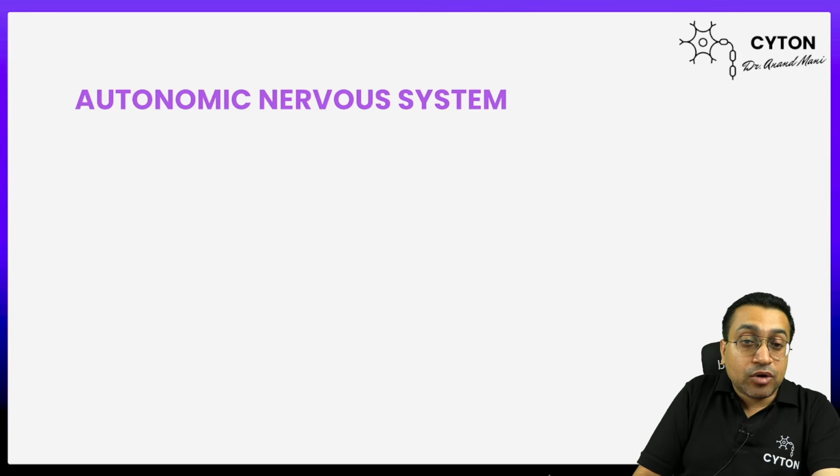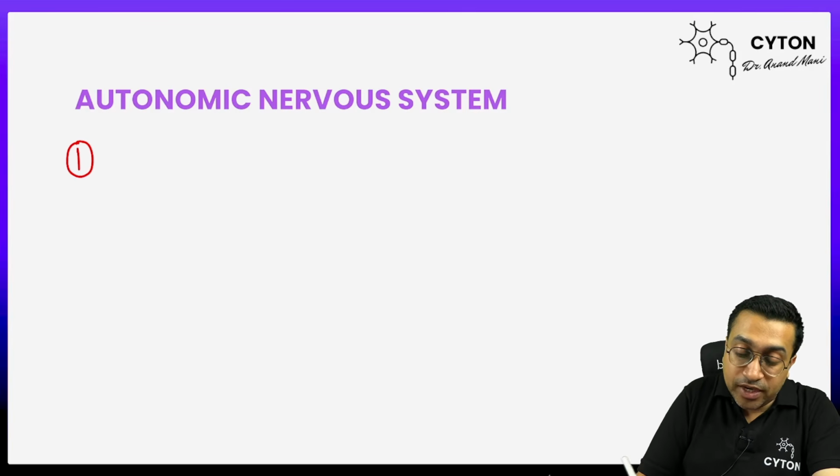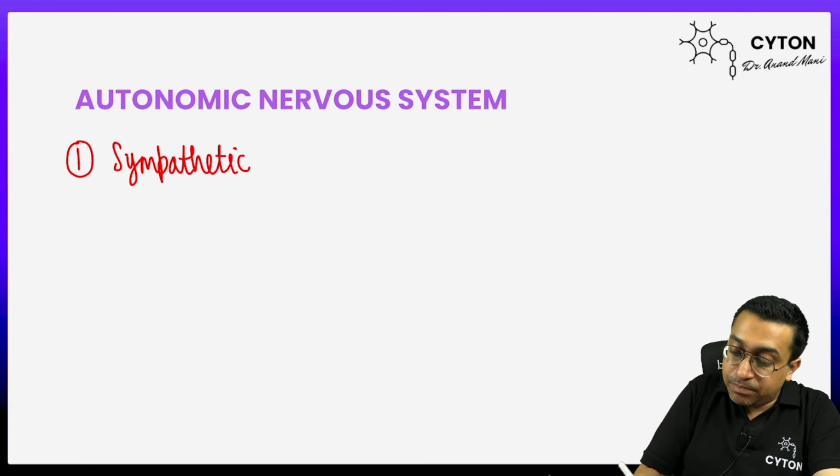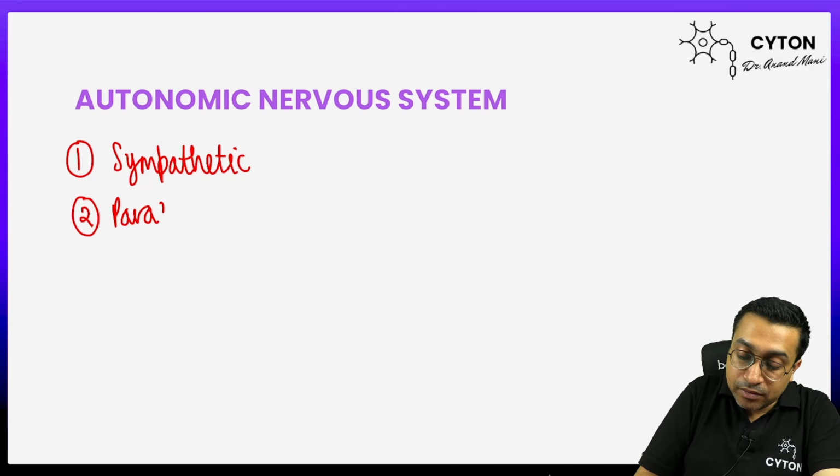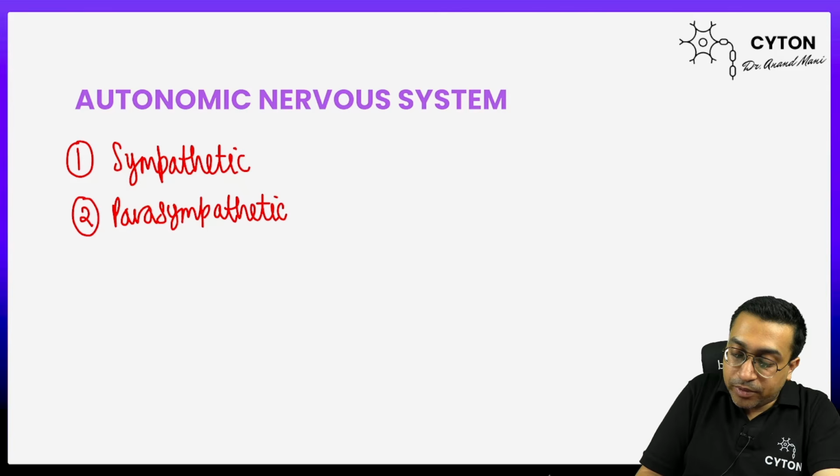Okay. Now there are divisions of the autonomic nervous system, which can be divided into three categories. Number one, sympathetic. Number two, parasympathetic.